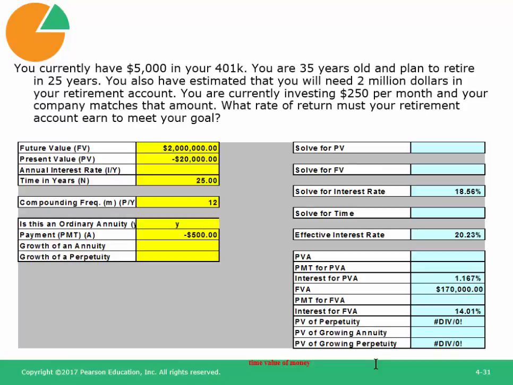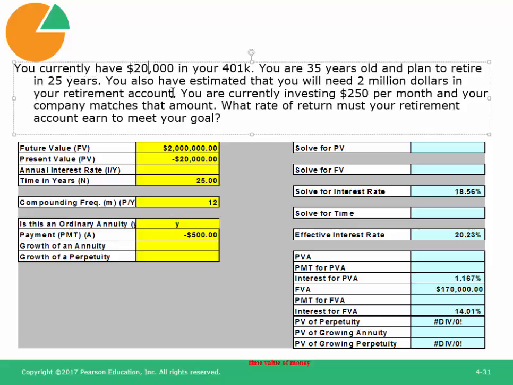Another problem. Let's assume that we already have some investing. In this case, I need $2 million in the future. I currently have $20,000 in my 401k. You're going to retire in 25 years. You've estimated you're going to need this $2 million. You're currently investing $250 per month.